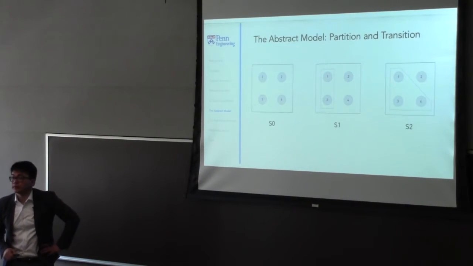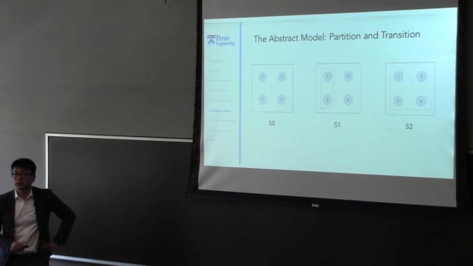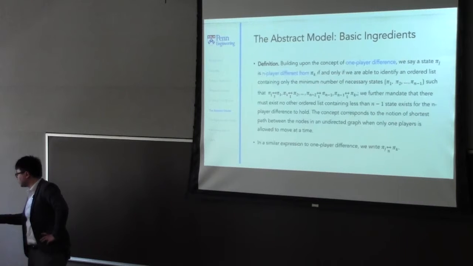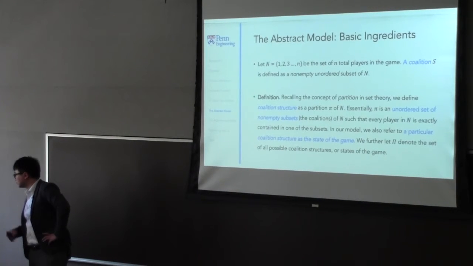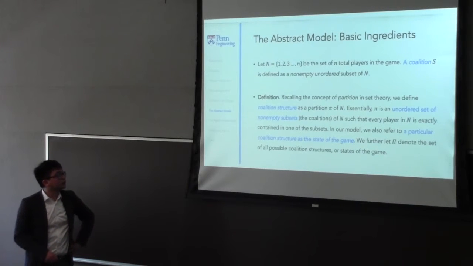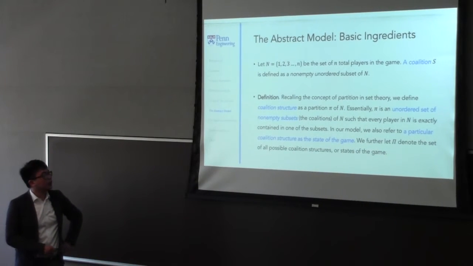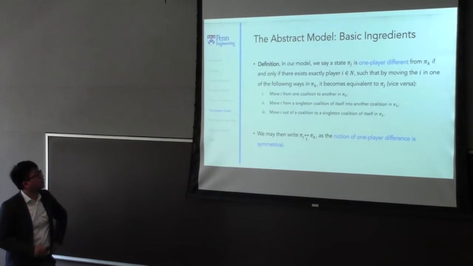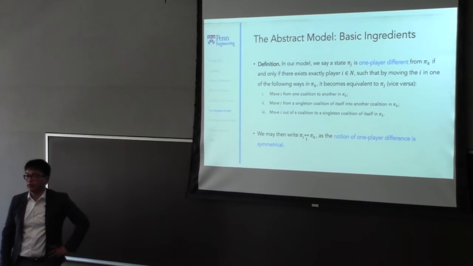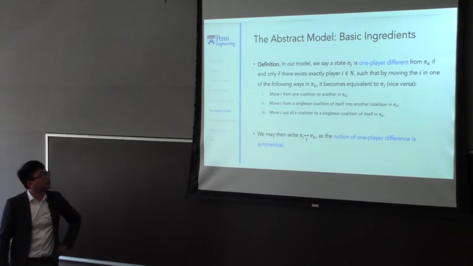At the same time, because the state of the game solely depends on the structure of coalitions, this is also what we define as the state of the game. And then we let uppercase Pi denote the set of all possible coalition structures, or the states of the game. And in the model, there are a few concepts here about path dependencies.